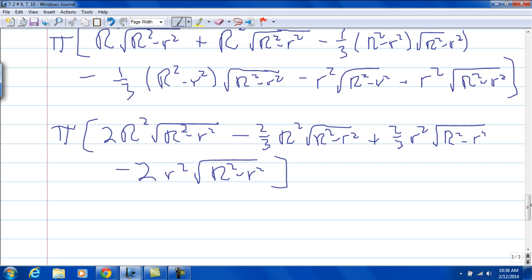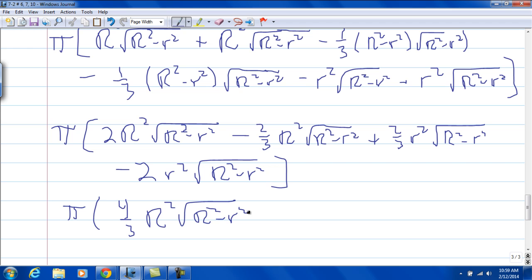So I want to point out we have 2 minus 2/3. So what is 2 minus 2/3? That's 6/3 minus 2/3, which is 4/3 R squared times the square root of capital R squared minus little r squared.